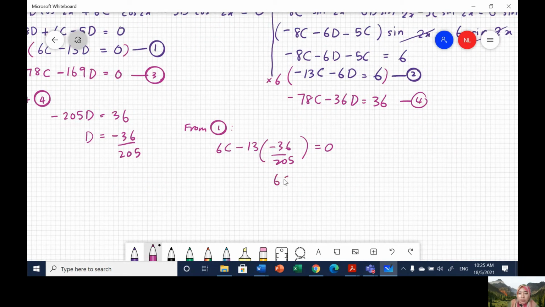So we have 6C equal to this number. Then we get C as negative 78 over 205.